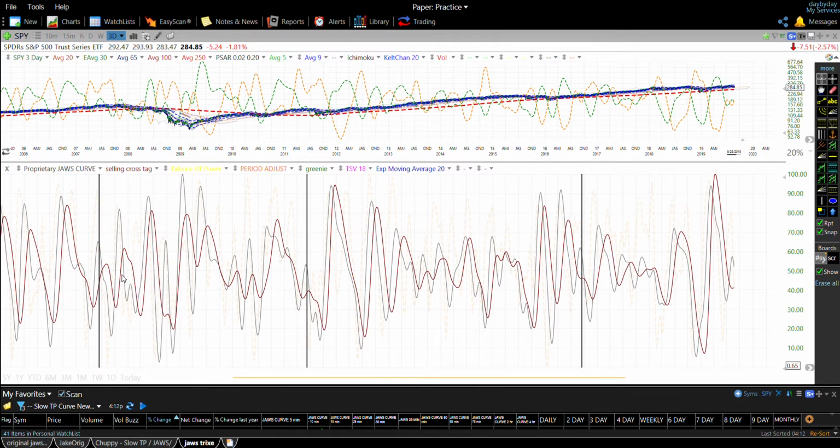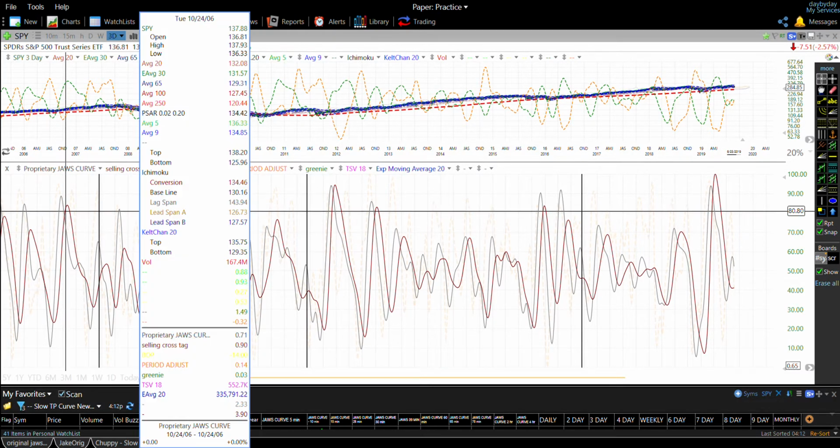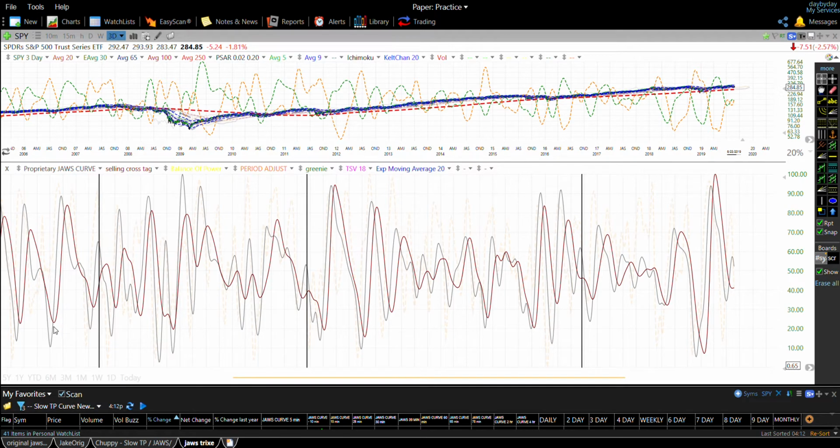We also had a high prior to this moment though. Okay, we also have a high prior to that moment here. Then we had a low peak here. We've got the low peak here. Then we have a rise there.